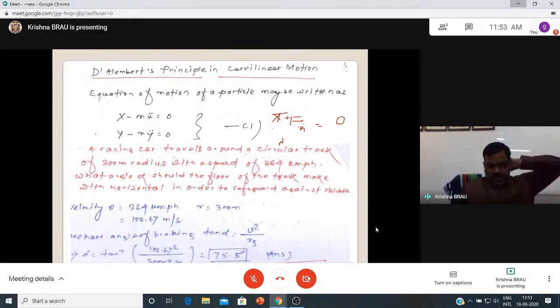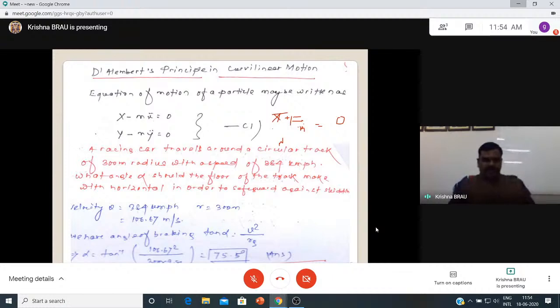Let us consider a racing car traveling around a circular track of 300 meters radius with a speed of 884 kilometers per hour. This yesterday we have done, angle of banking. What is the angle the track must make with the horizontal in order to safeguard against skidding?